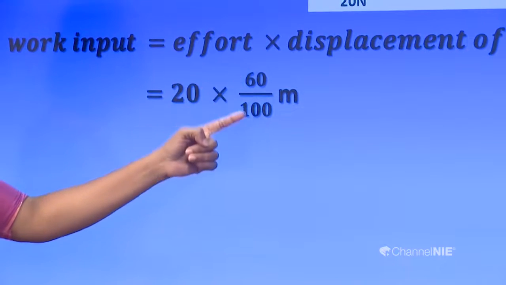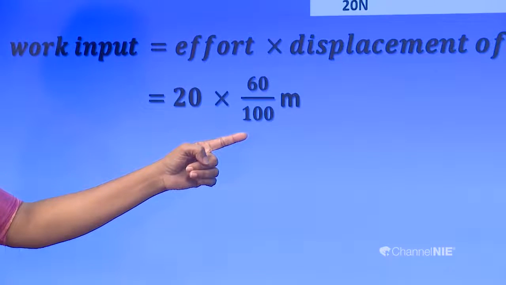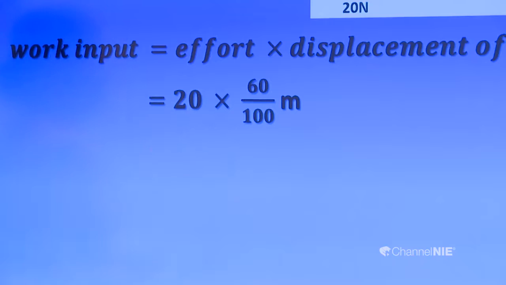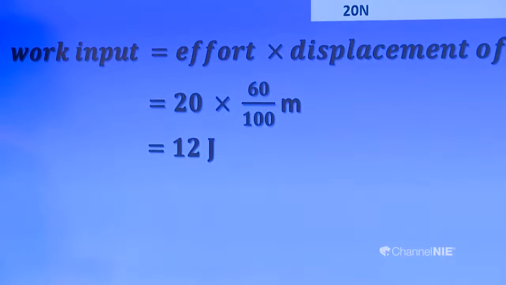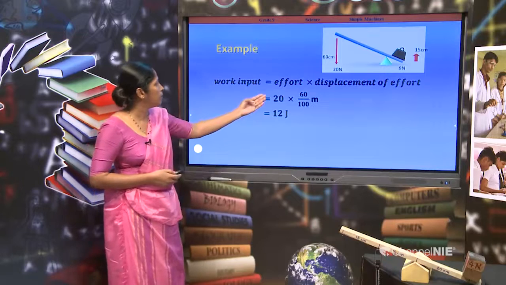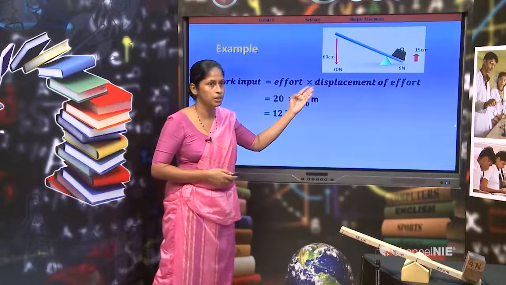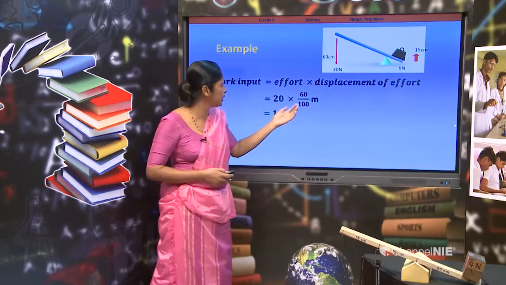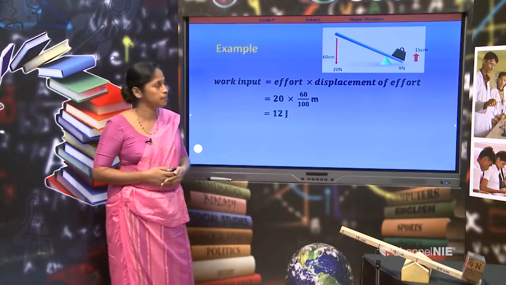So, I convert centimeters into meters by dividing 60 by 100. It is 12 joules. That means work input, work done on the machine by the man, is 12 joules.